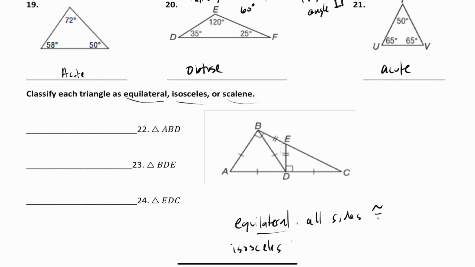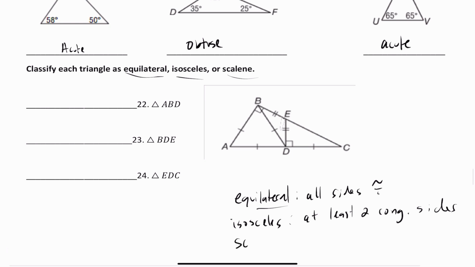Isosceles is essentially at least two congruent sides, and then scalene means no sides congruent.